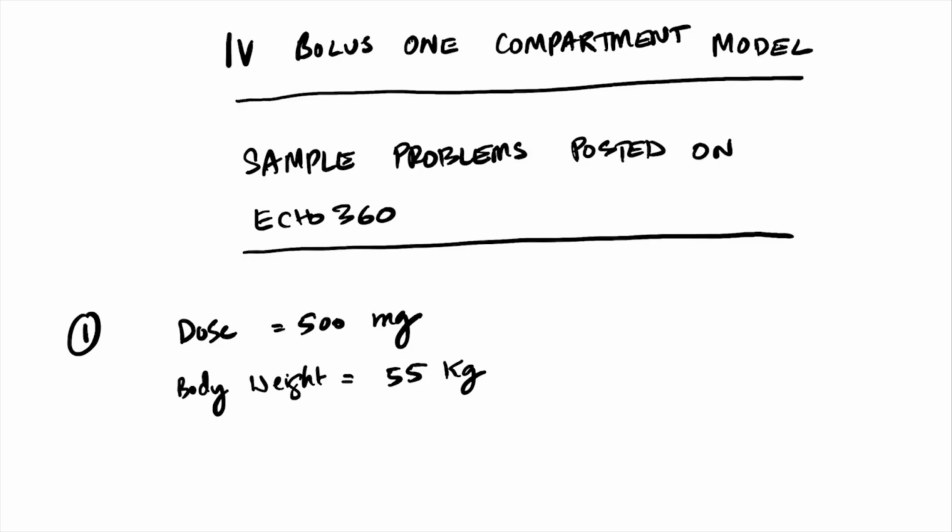The volume of distribution is equal to 0.1 liters per kilogram, and so times 55 kilograms is going to be equal to 5.5 liters.